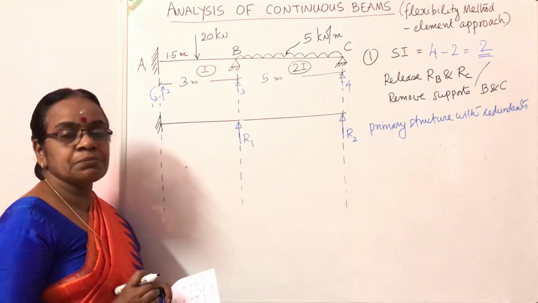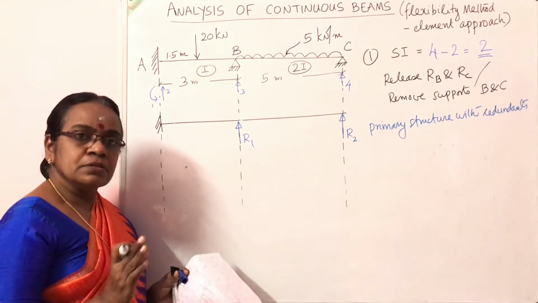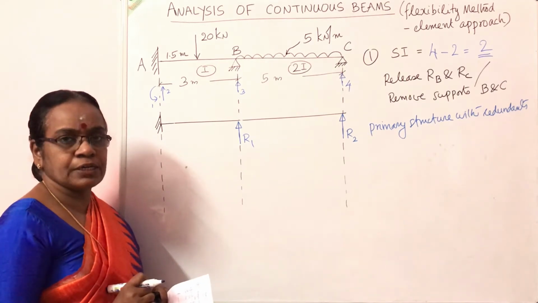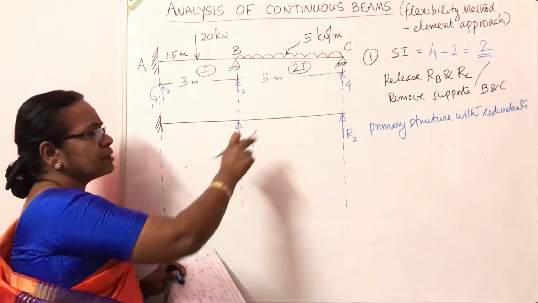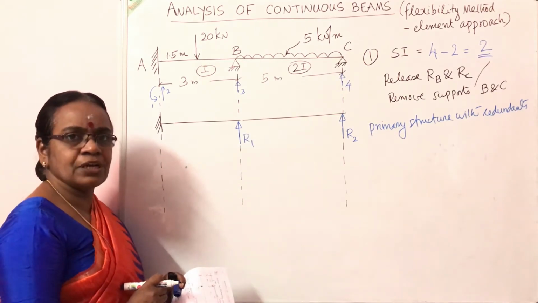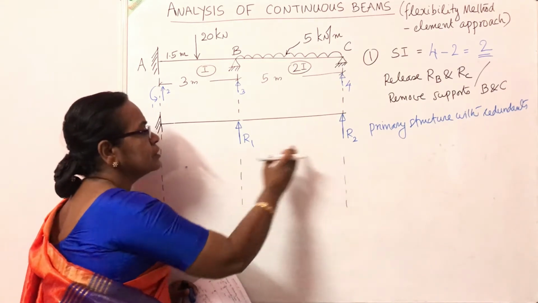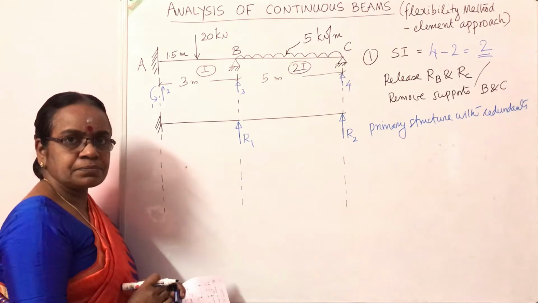So in flexibility method, you have the freedom to select the choice of redundants. A cantilever is the simplest determinate structure. So I am going to select R1 and R2 as redundants. This is my primary structure.